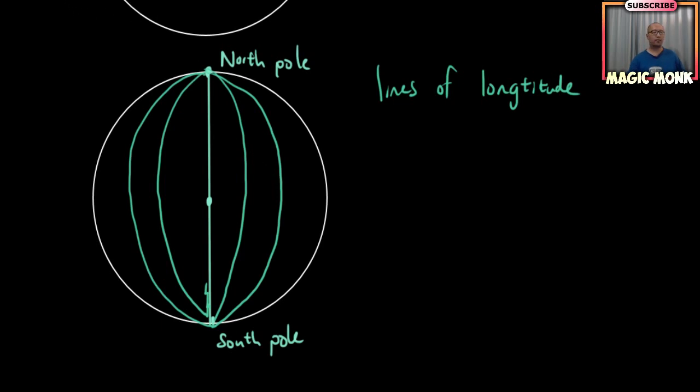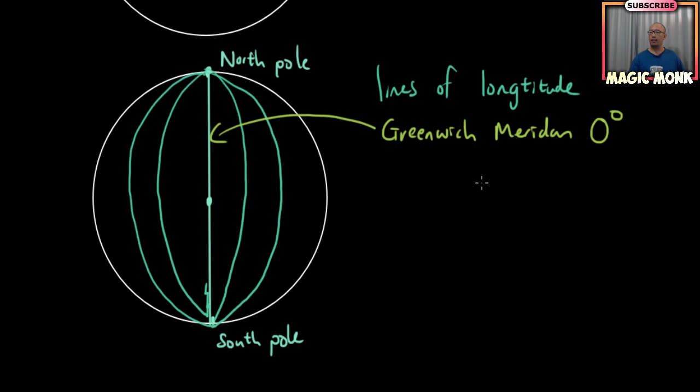I'll label it right now. I'm pretty sure it's pronounced Greenwich meridian. Greenwich meridian, 0 degrees.